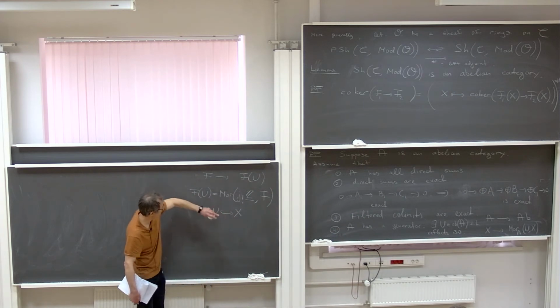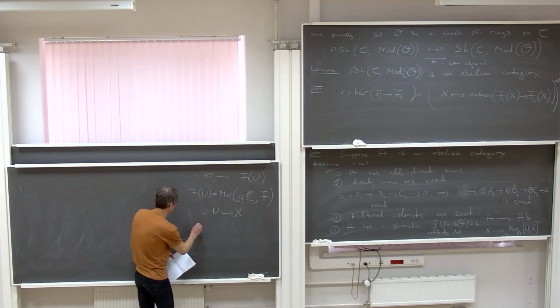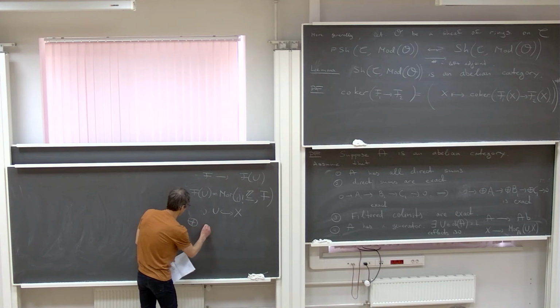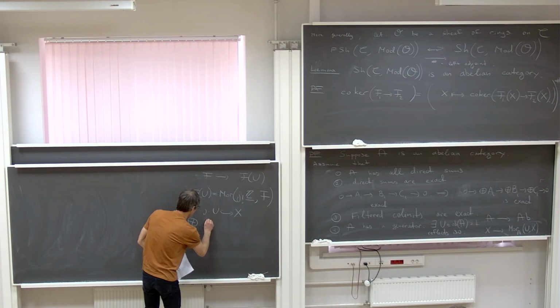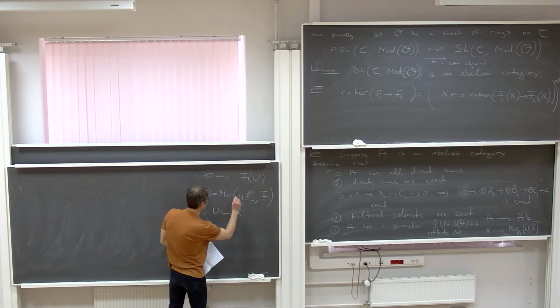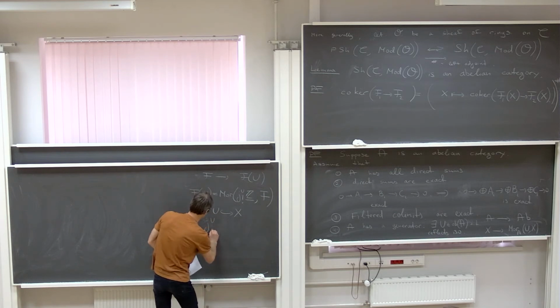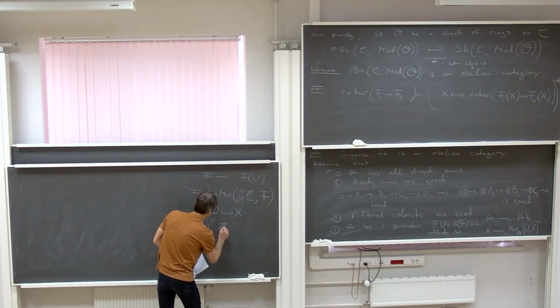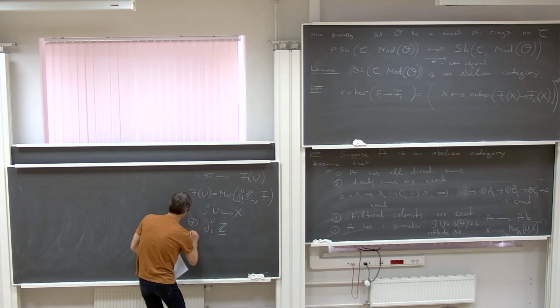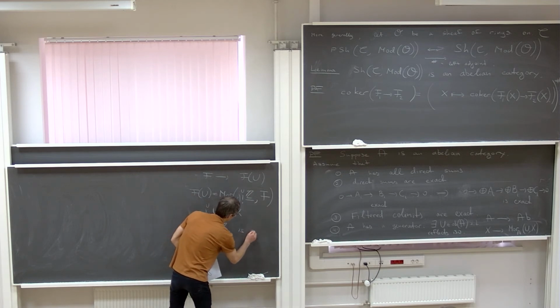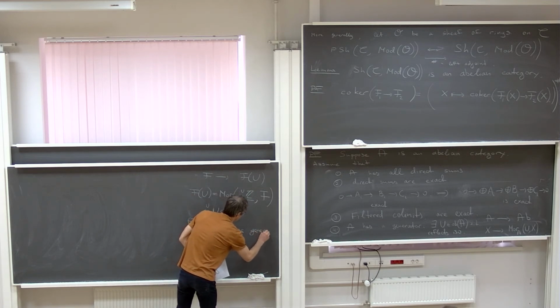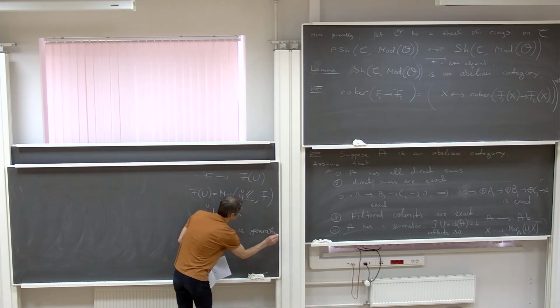So this implies that if you take the direct sum of j_U shriek of Z over all U in X, it is a generator. Okay?